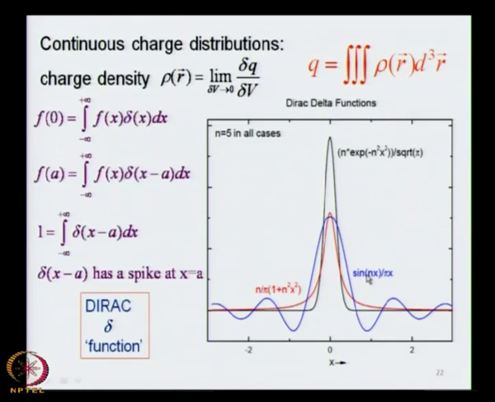There is a blue curve which is sin nx over pi x, and there is another one which is given by this expression in black. They all have the common feature that they become narrower and narrower. As they get narrower and narrower, their height increases. Okay? And this is the kind of function that the Dirac delta function is, and the charge density would pretty much remind you of this kind of a situation.